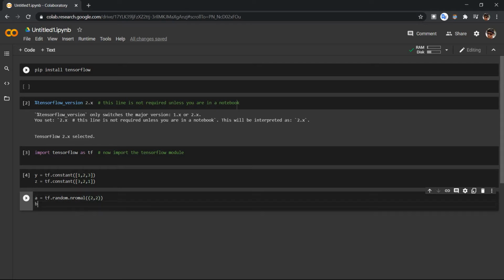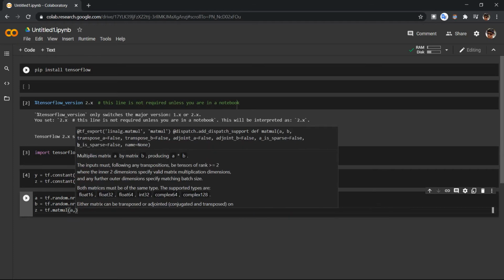Again, B. Then the syntax is that Z is equal to tf.matmul, that is for matrix multiplication, and then the two tensors.